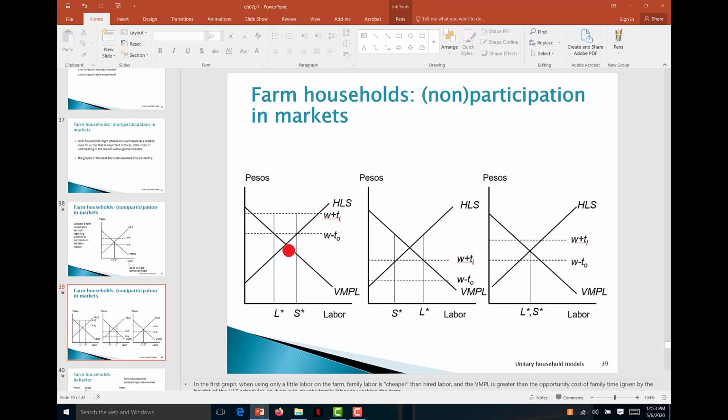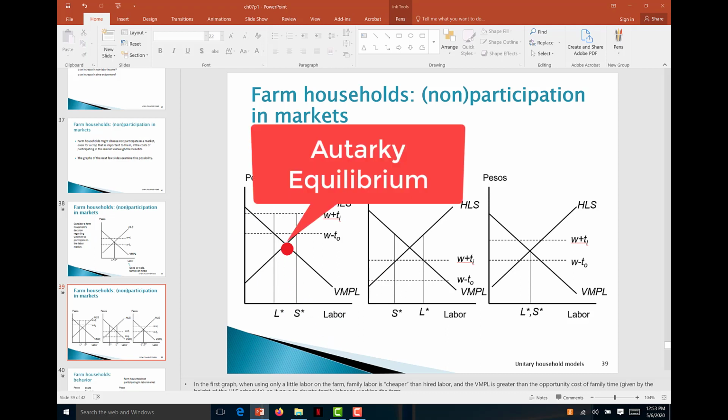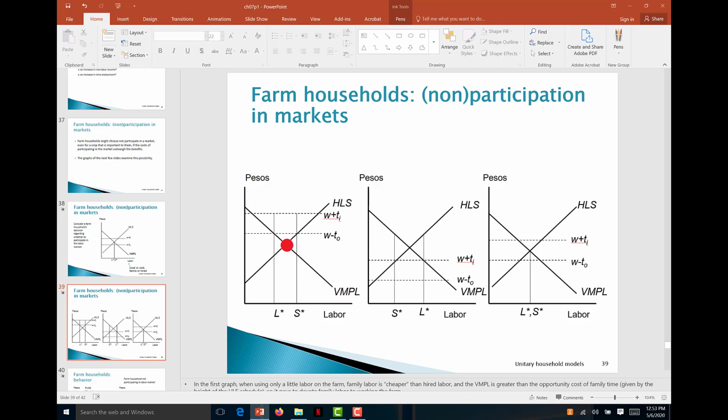In this case, the autarky equilibrium here is again the intersection between the household labor supply curve and the value marginal productivity of labor curve, and that is below both the W plus TI, which is the cost to the household of employing labor in the labor market, and it is below the W minus T0, which is the net salary that you take home net of the transfer cost.